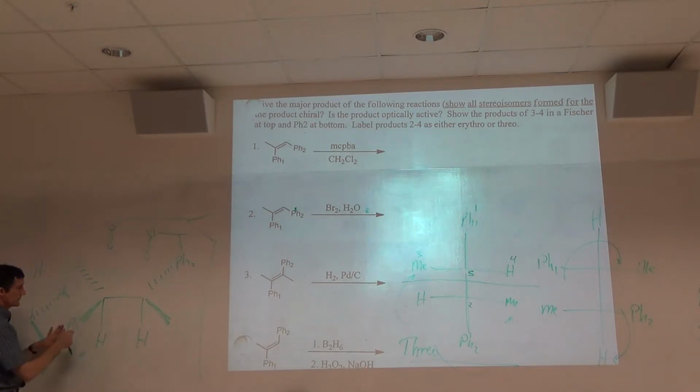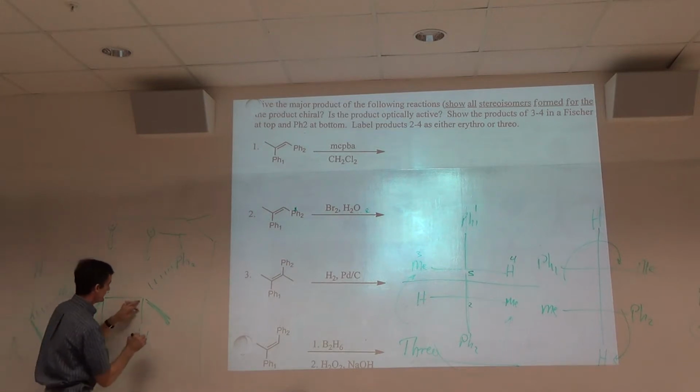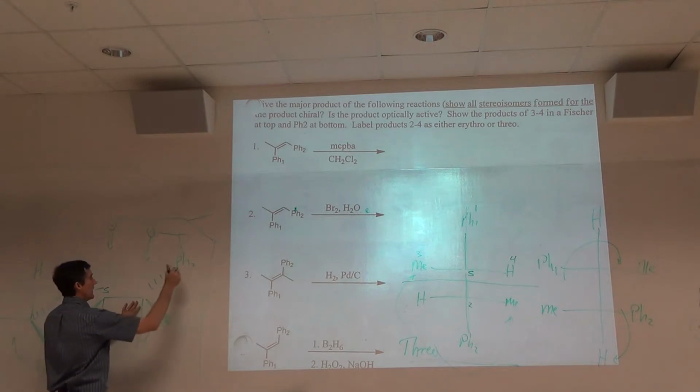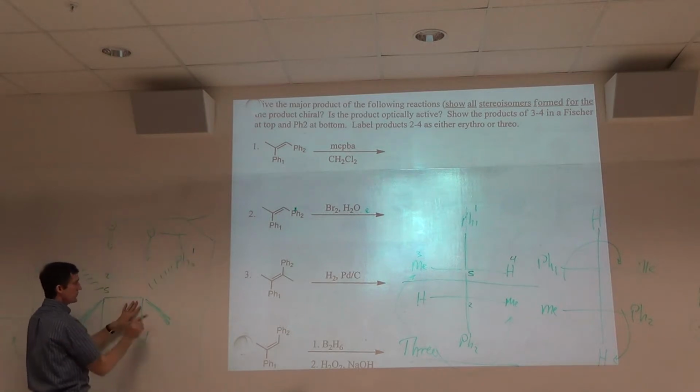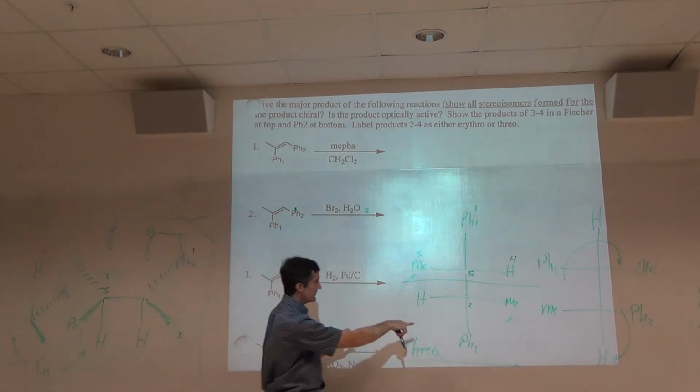Let me do it real quick for you. This is, we've already done that, that's S. This is, that's 1, 2, 3. It's really easier to do it in the Fischer.